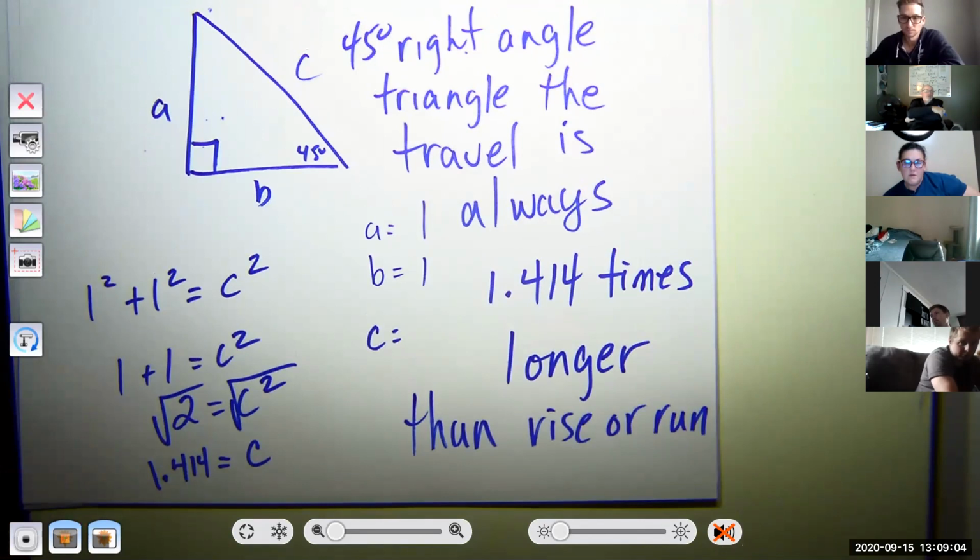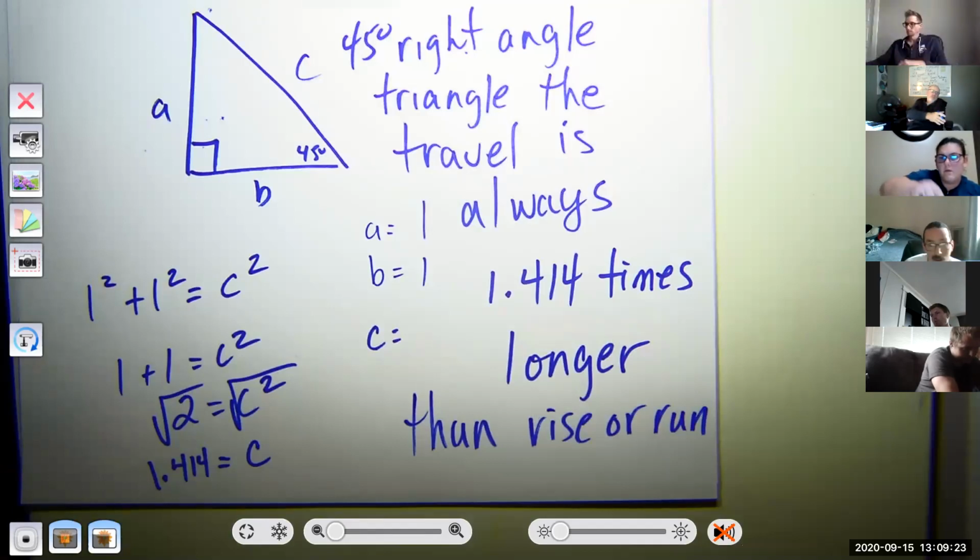In a 45-degree right angle triangle, the rise and run are always equal, and the travel is always 1.414 times longer than the rise or the run. And we used the Pythagorean theorem to kind of prove that theory.